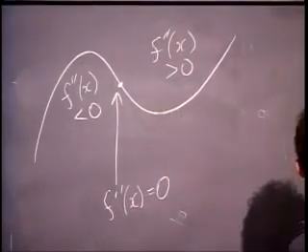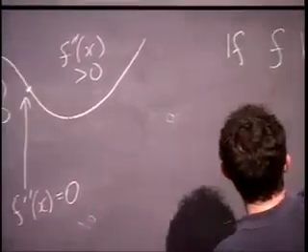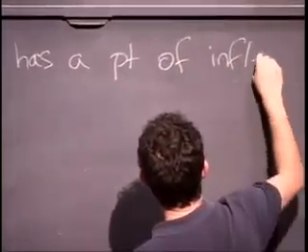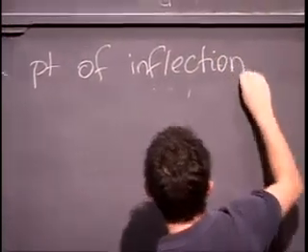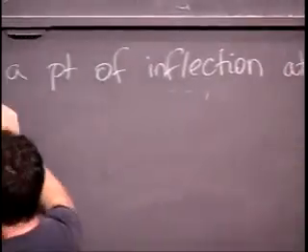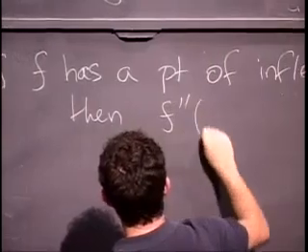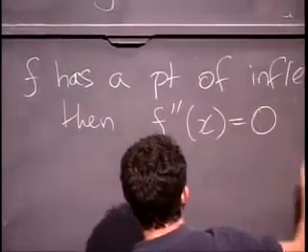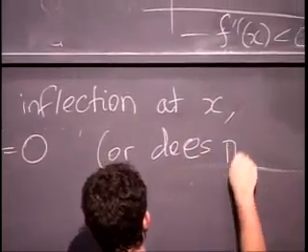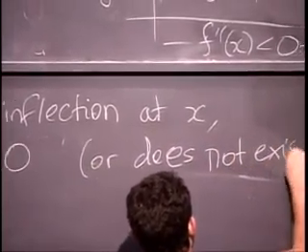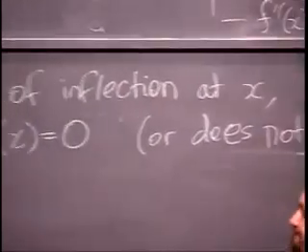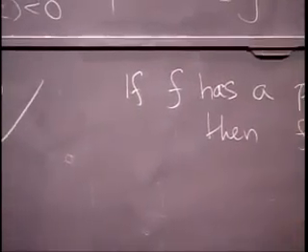So if f has a point of inflection, that's what this is called, at x, then f double prime of x equals 0 or does not exist. It's the same thing with critical points, except now it's the second derivative. Okay, so what actually is a point of inflection?